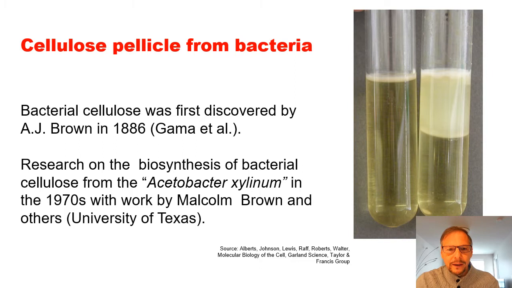That was discovered early on, you can see, by Brown. Later on, another Brown, in this case in the 70s in University of Texas, really did a lot of work studying the biosynthesis of this type of cellulose that is derived or produced by bacterial microorganisms.